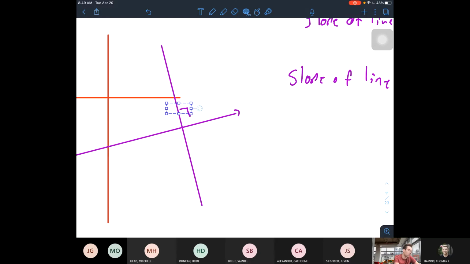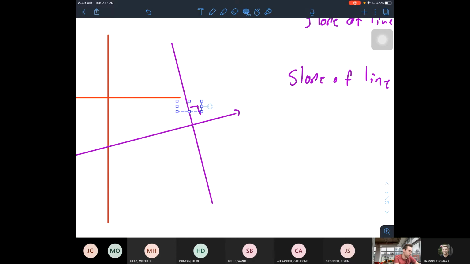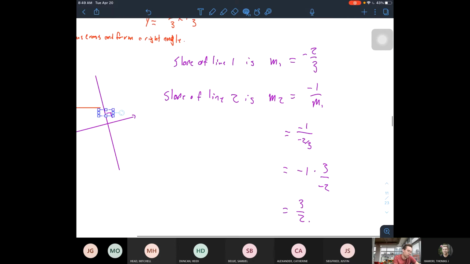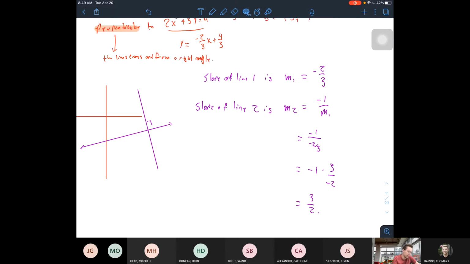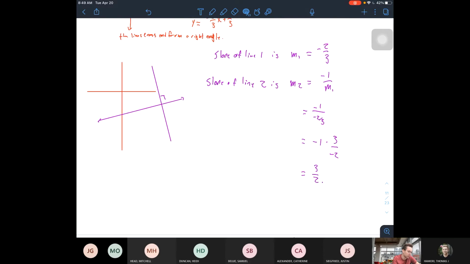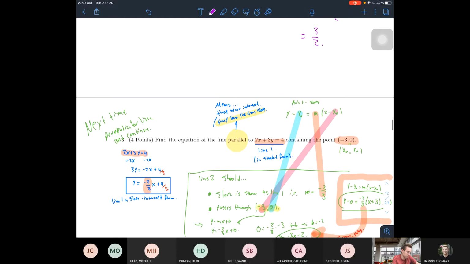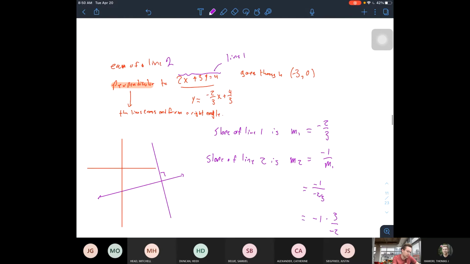So the only thing that matters is that it has a certain slope. As for the y-intercept, it doesn't really matter. Oh, yeah, it does. Sorry, because it's supposed to pass through the point -3, 0.